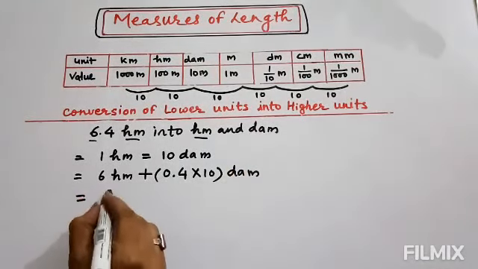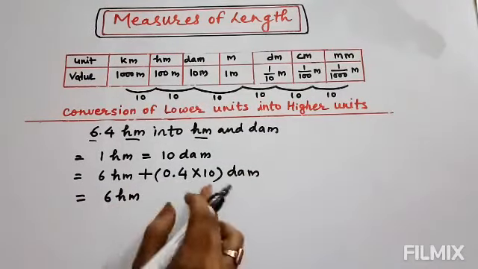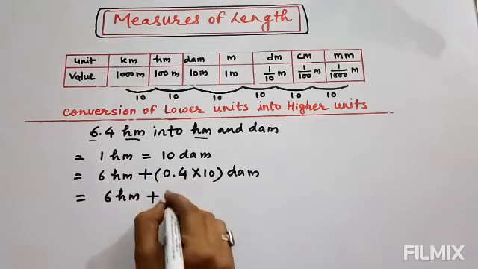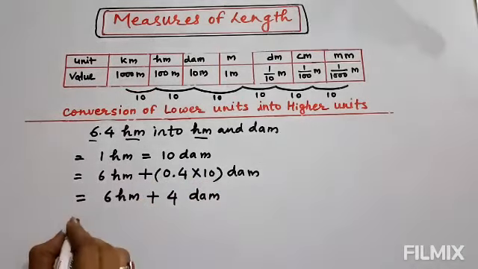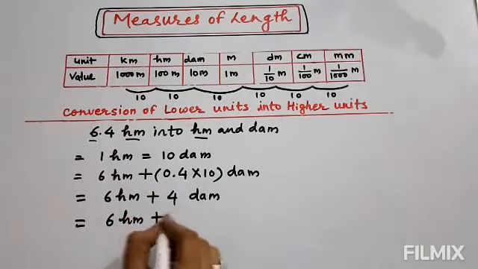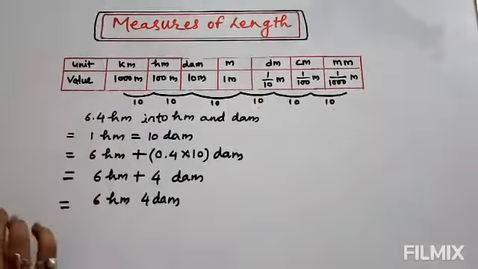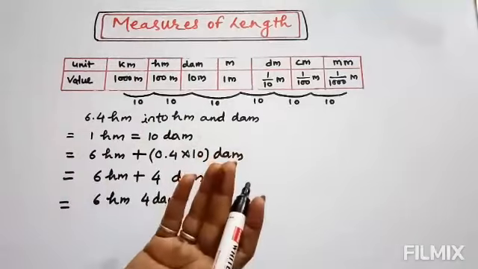Next, we write 6 hectometer and complete this process. So we get 4 decameter. Add all these together, we get the answer 6 hectometer plus 4 decameter. These sums are about conversion of higher units into lower units.